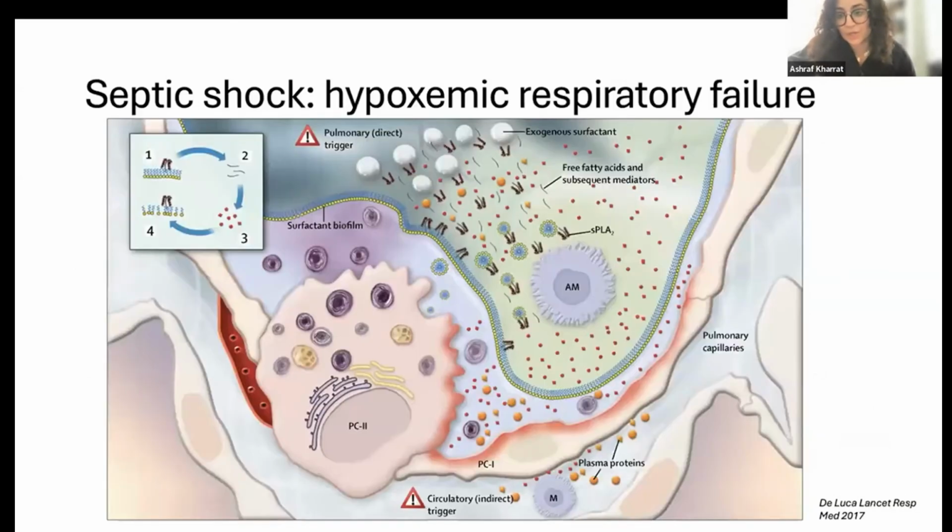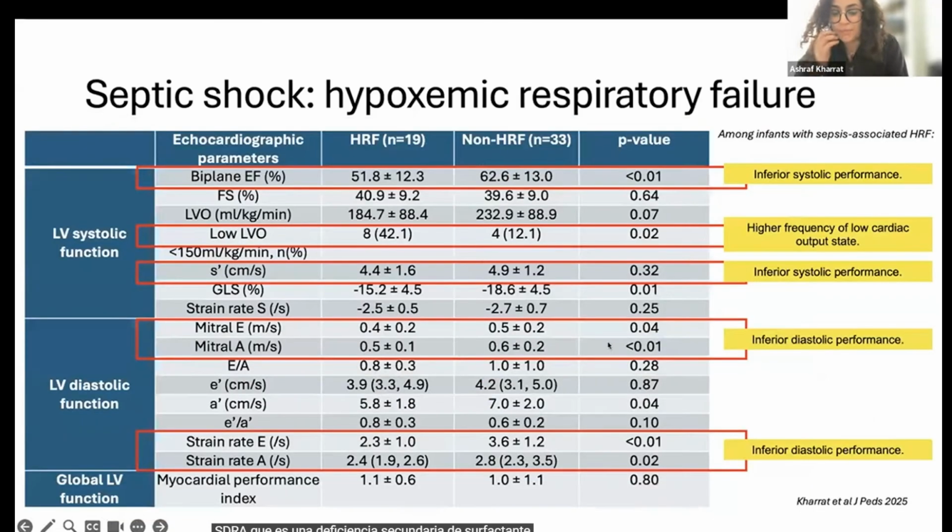And then finally, septic shock. We can see in really sick kids with septic shock, hypoxemic respiratory failure, which is a whole other talk, but we will think about many things, often pulmonary hypertension or maybe ARDS, which is a secondary surfactant deficiency. But in this work that we published earlier this year, we found that infants with septic shock-associated hypoxemic respiratory failure actually had lower indices of systolic and diastolic performance.